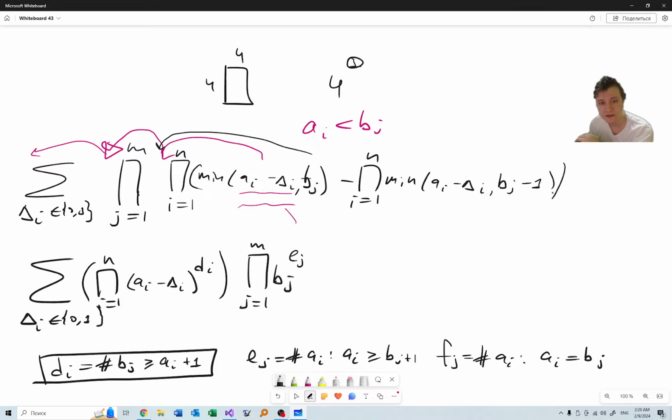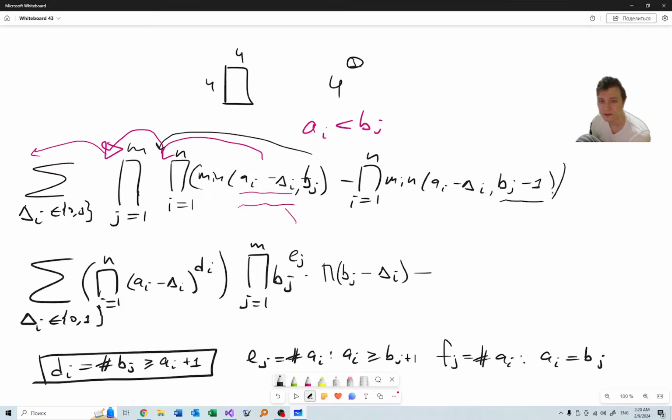Then here we have like b_j minus delta_i, a product of this number, b_j minus delta_i, and here we have simply this number as a minimum.